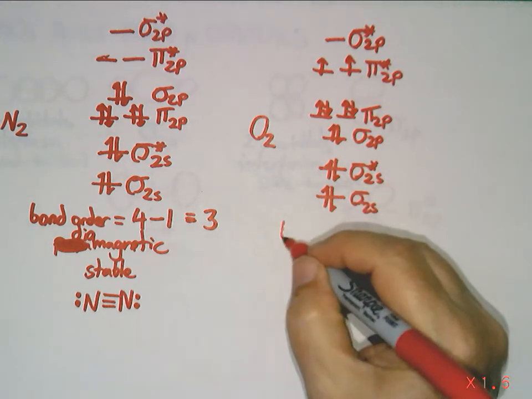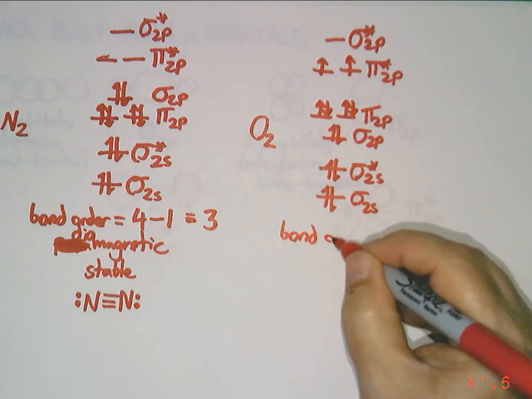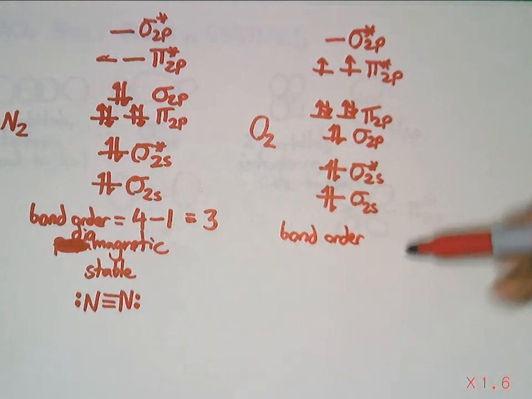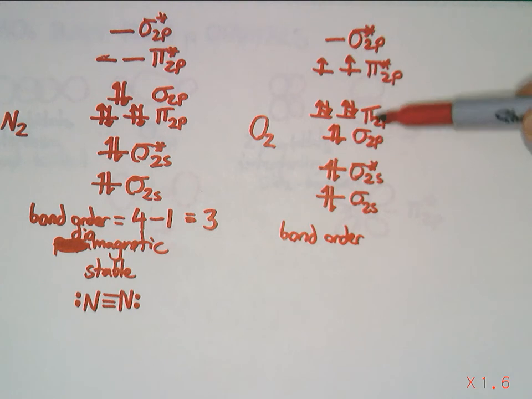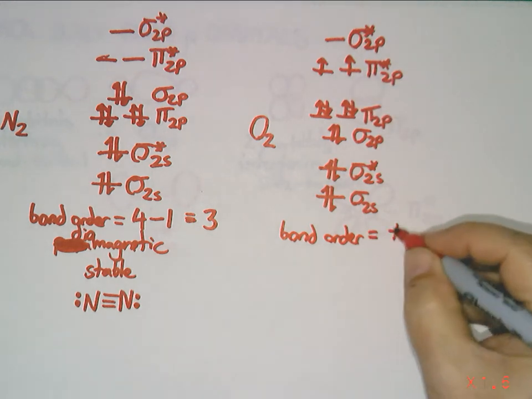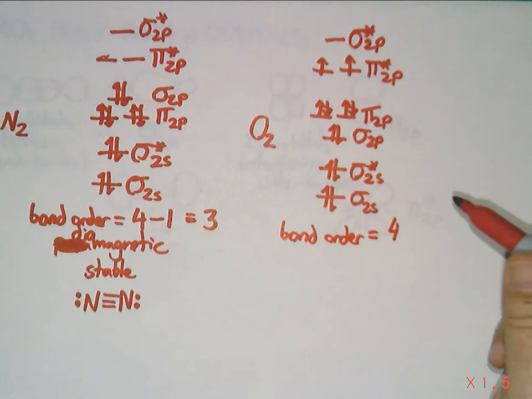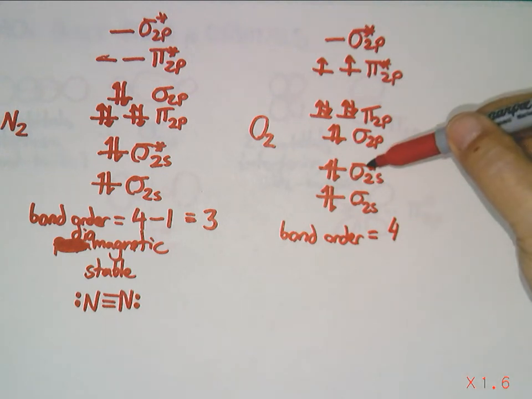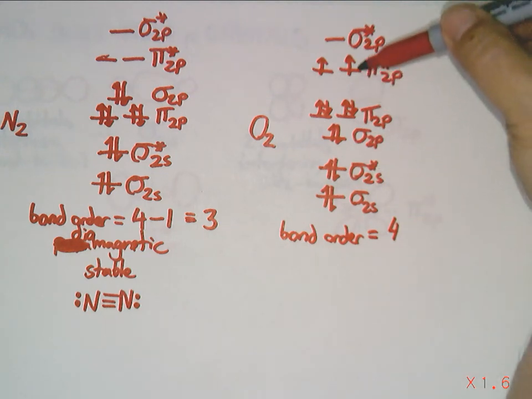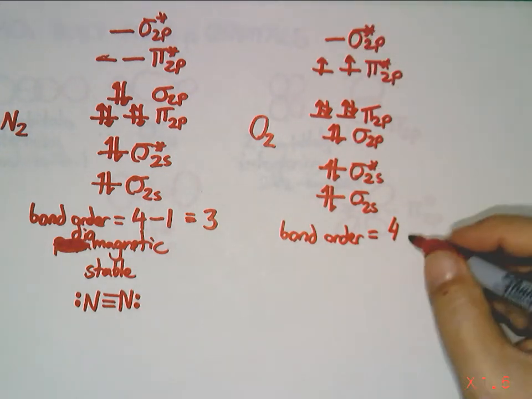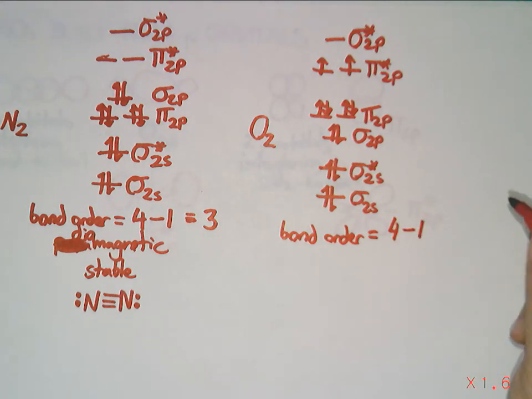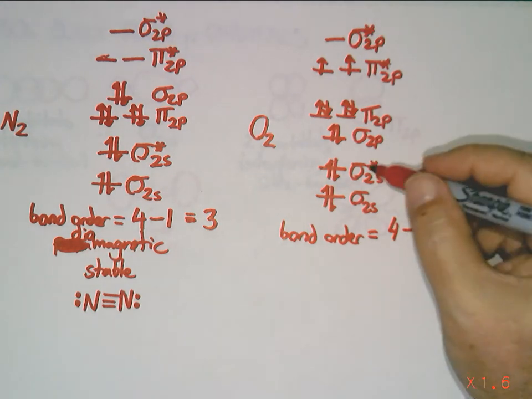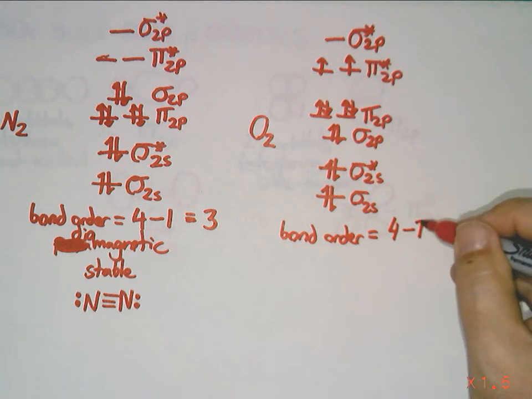How about the bond order? Well, let me see how many bonding pairs. There's 1, 2, 3, 4. 4 bonding pairs. How many anti-bonding pairs? There's an anti-bonding pair here and a pair in an anti-bonding level, so there's one there and one there, so there's 2.